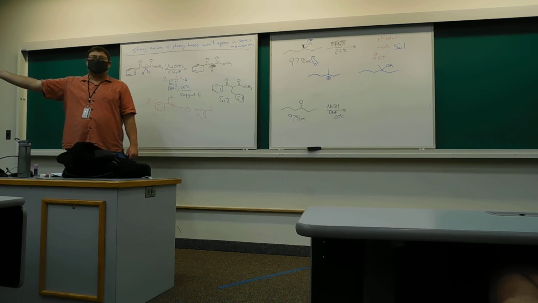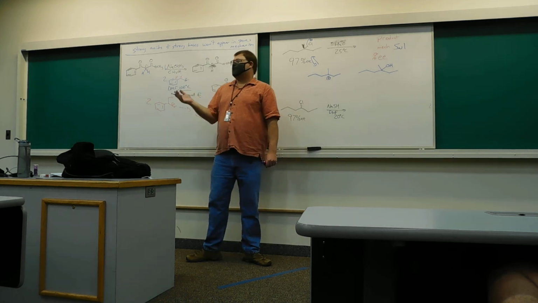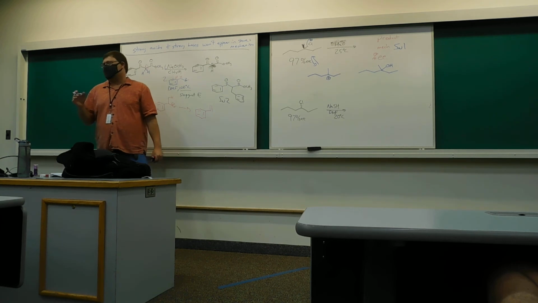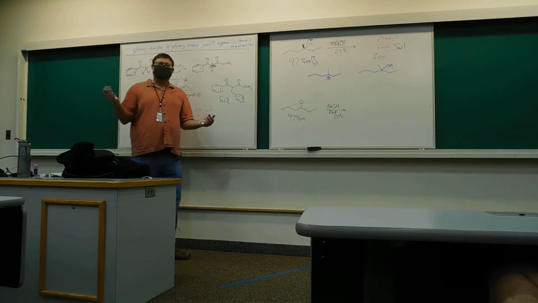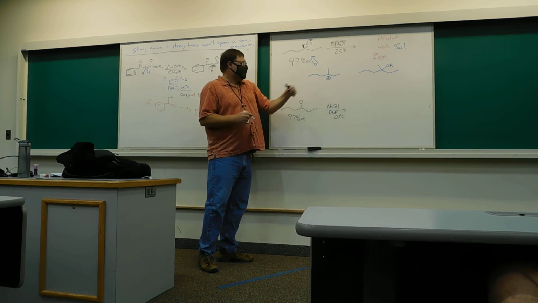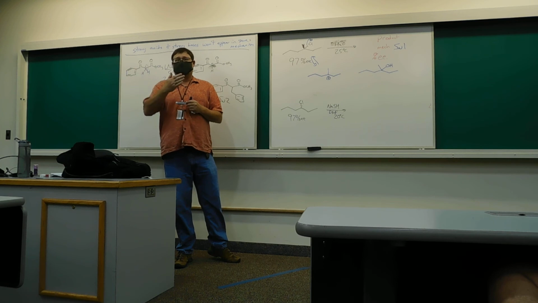Doesn't have one. It's not chiral. So I would have accepted zero. I'm glad, that's why you were looking confused. You guys as a group looked pretty confused on that. Doesn't have one, right? That is not a chiral molecule. There's no chiral center. The carbon that was a chiral center has been rendered planar.